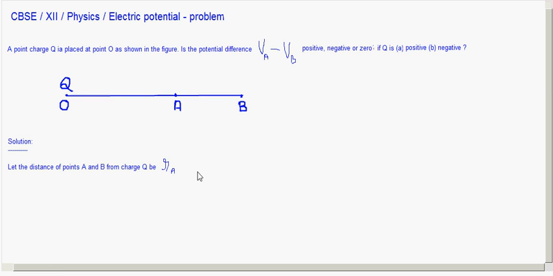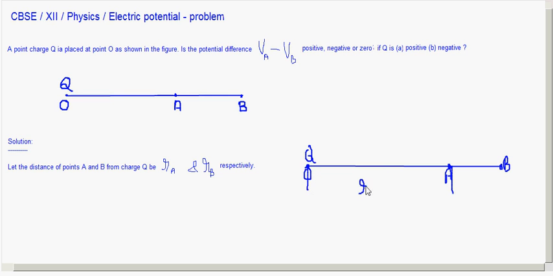So this is Q at O, and we have A and B, and we have assumed this distance as RA and this distance is RB.